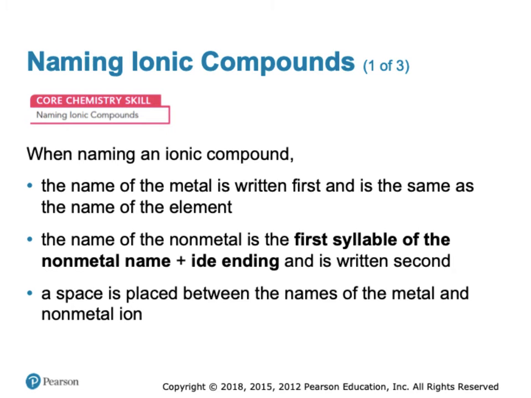To name an ionic compound, we give the name of the cation first, followed by the name of the anion. First we're going to focus on binary compounds. These are compounds that contain only two elements.